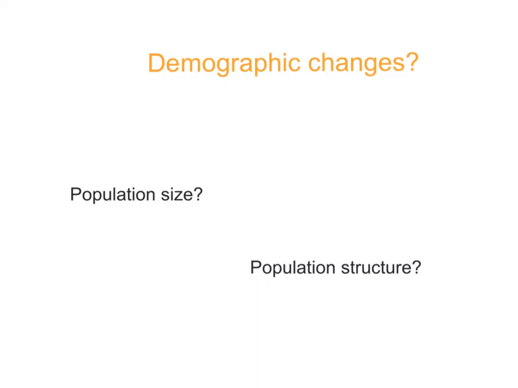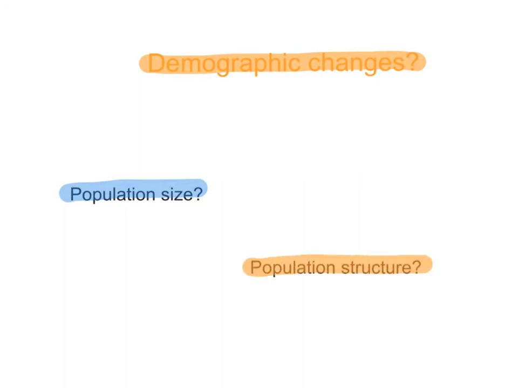Changes in the population, so what we refer to as demographic changes, will also change demand. Obviously, if the population size grows, you would expect the demand for most products to increase. Also, population structure. Say, for example, right now we live in an aging society where people are living longer, healthier lives.